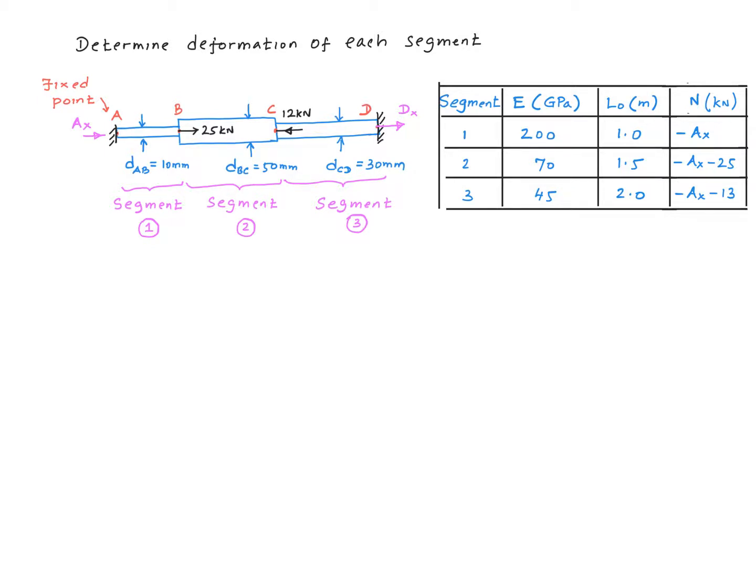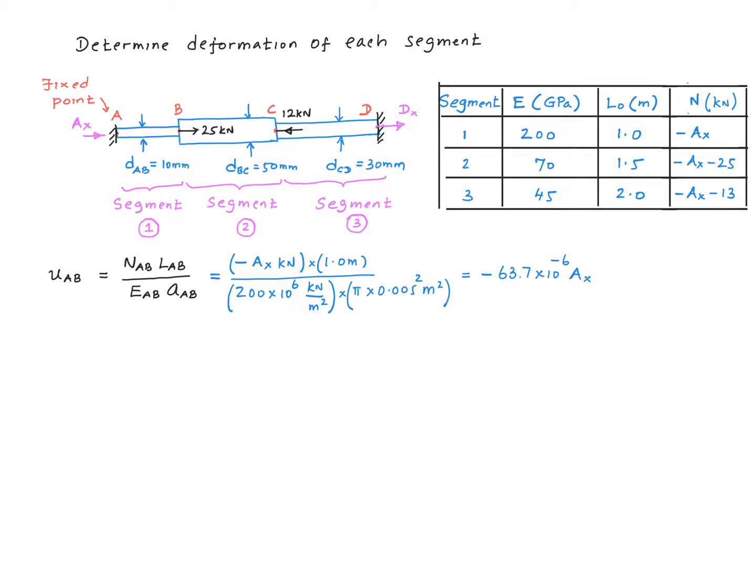Note that I have listed the expressions we got for the axial forces in the same table that was given to us. Here are the details of the calculation of the deformation of segment AB. Deformation of segment AB, UAB, is given by this expression where NAB is the axial force, LAB is the length, EAB is the Young's modulus, little a, AB is the cross-sectional area.